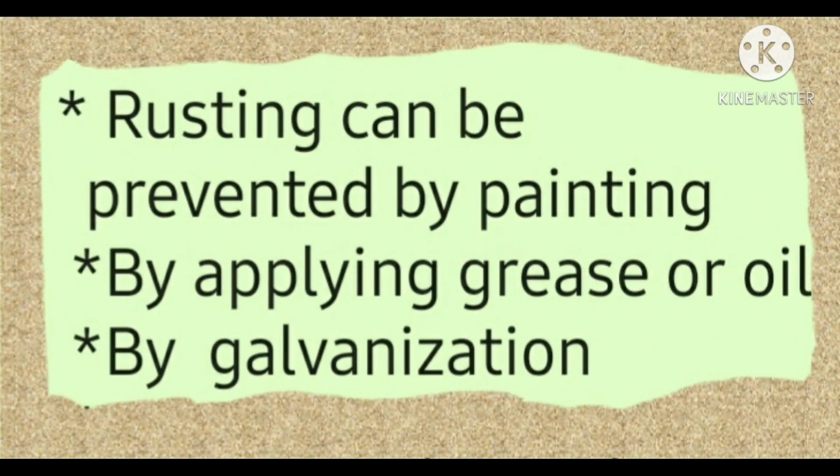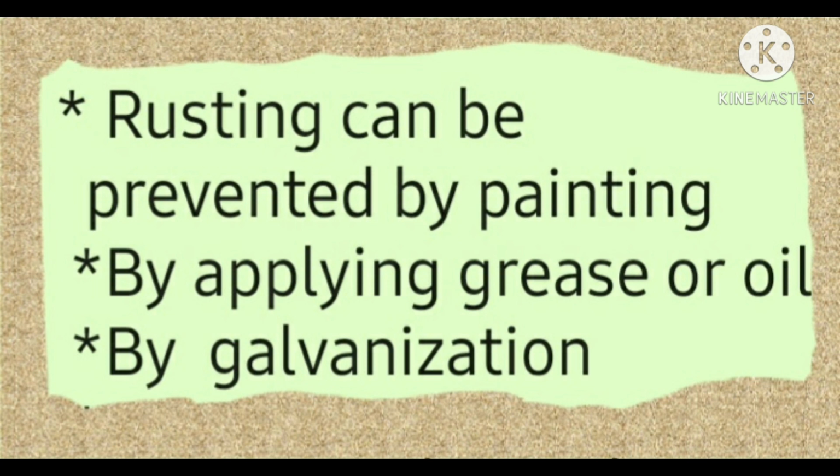Rusting of iron can be prevented by applying grease or oil. When some grease or oil is applied to the surface of an iron object, then air and moisture cannot come in contact with it and hence rusting is prevented.